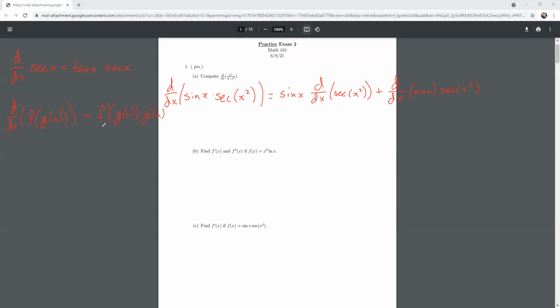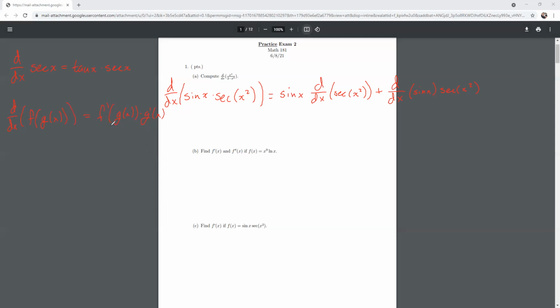Okay, so let's try to understand this. Whatever f is, we are taking the derivative of it and then putting g of x into it. And then we have to deal with g of x. So what we do is take the derivative of that and then just plop it right next to this term right here. So just multiplying them, right?